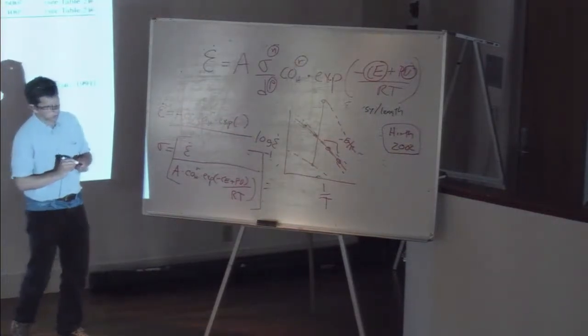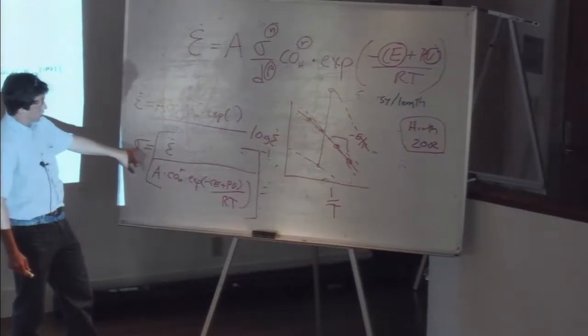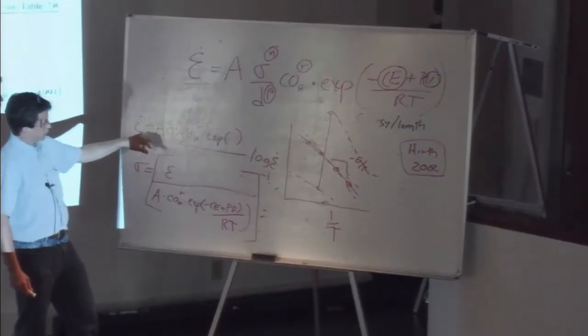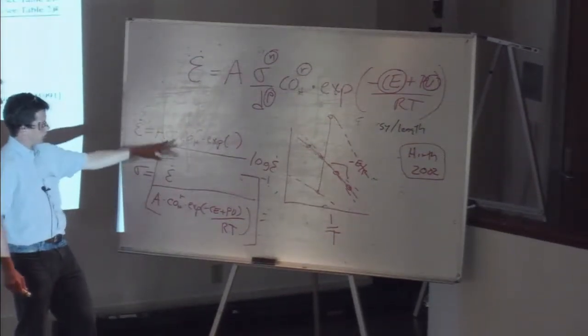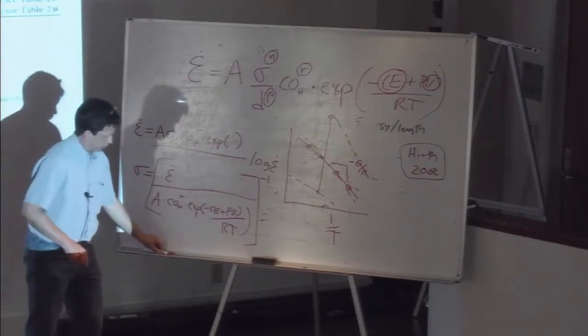And this will take longer to do, but it's not that hard. So the stress is just equal to the strain rate with all this other junk in the denominator taken to the 1 over n power. All right?